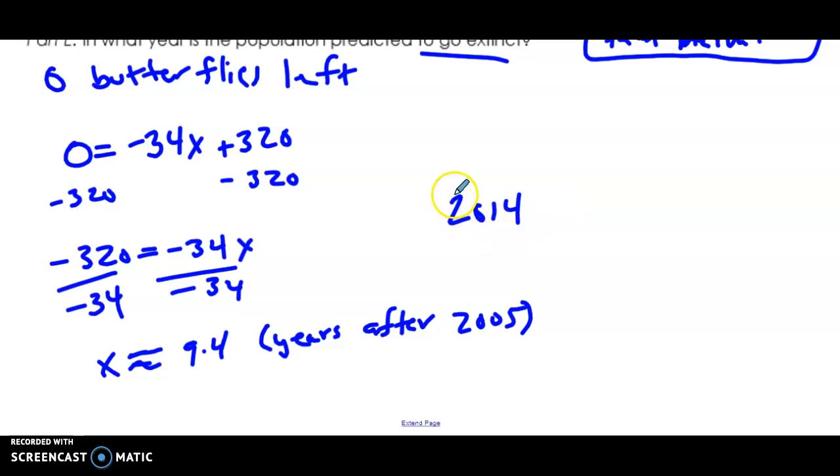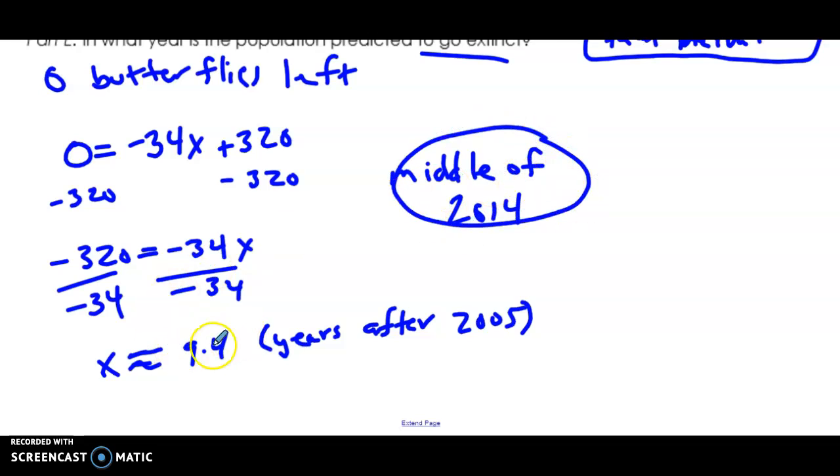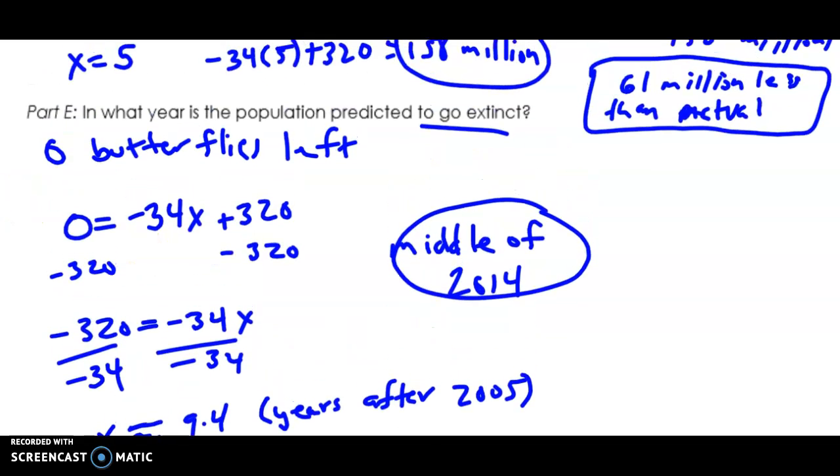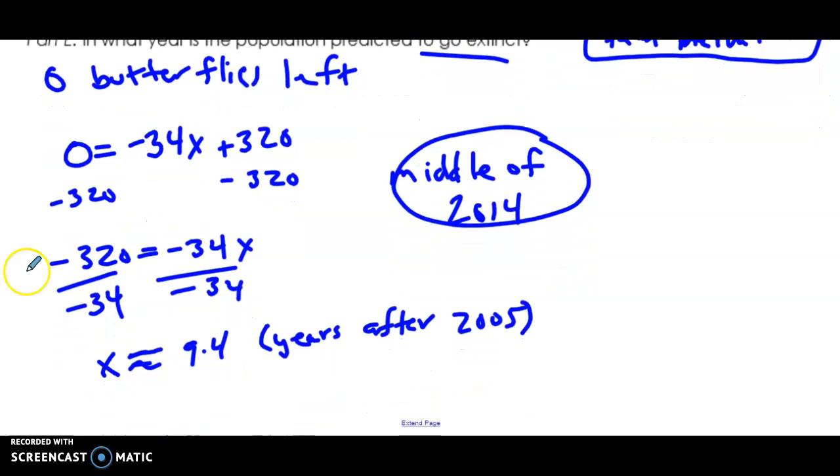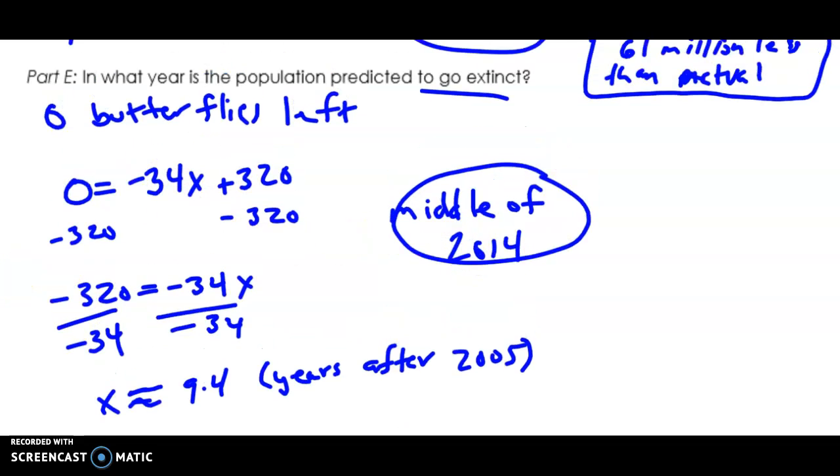And we would say it's somewhere in the middle of 2014 when they would go extinct, because that's when that number makes 0 butterflies left. So it asked what year the population is predicted to go extinct. If you plug in 9.4, which corresponds to 2014, then you get 0 butterflies, and that is extinction.